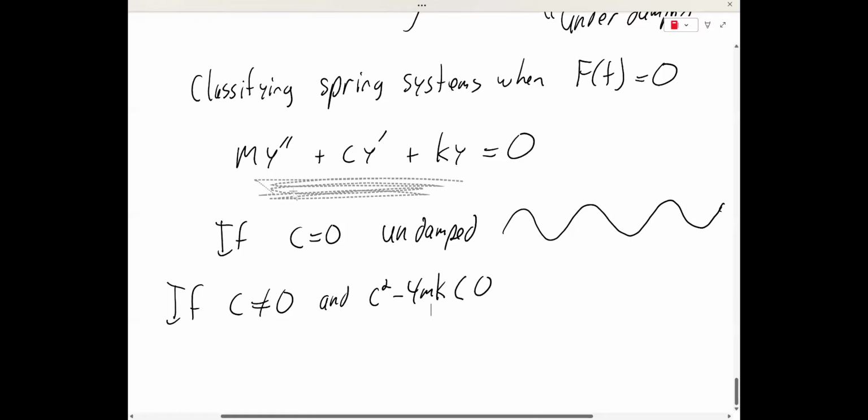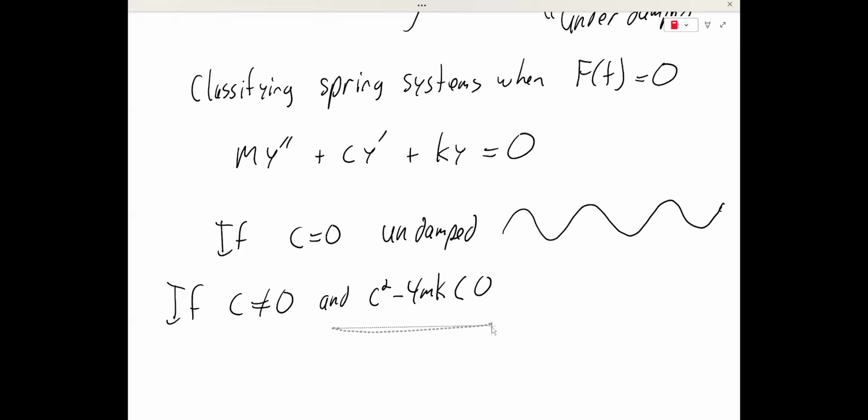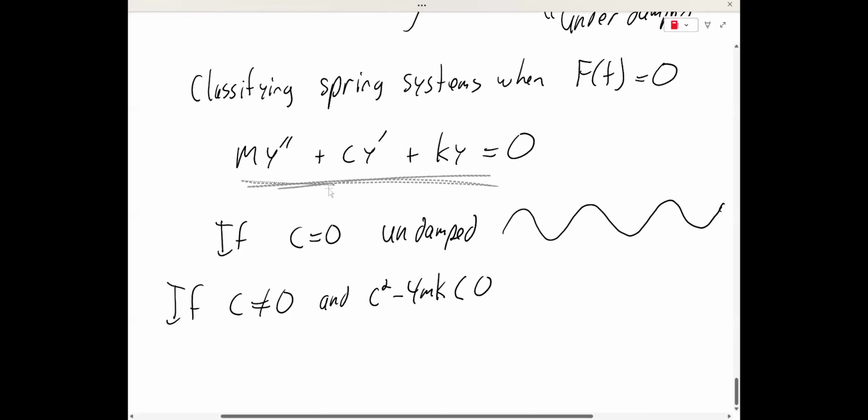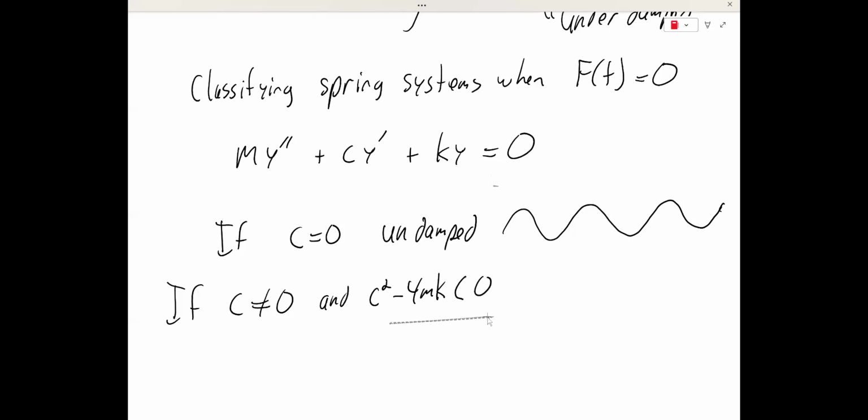You get different kinds of solutions based on the discriminant, the b squared minus 4ac, which tells you if you get an imaginary or real number. If the square root's negative, if you did the characteristic equation and that comes out less than 0, then that's called underdamped. That's like this one.